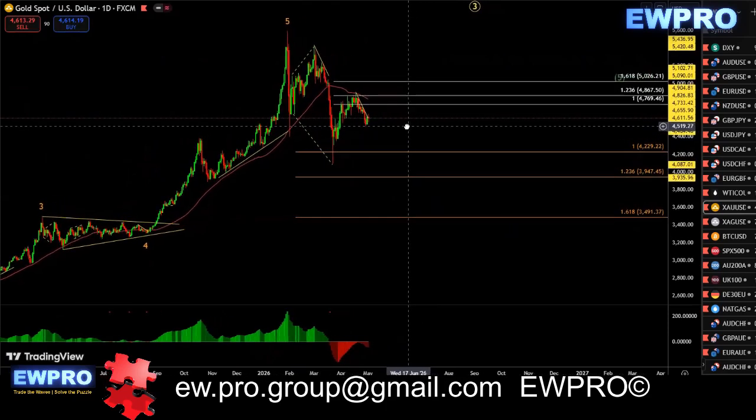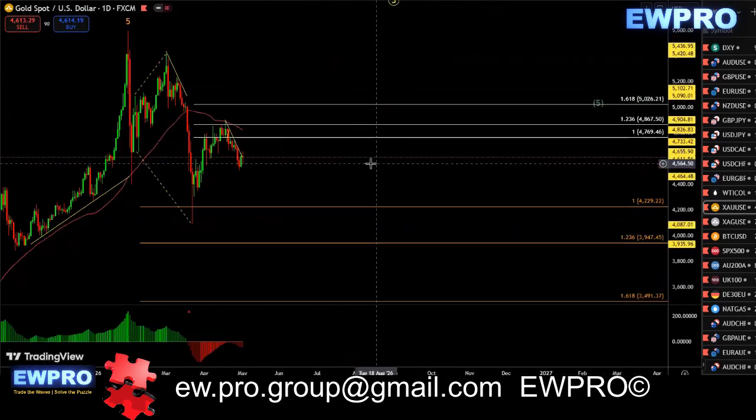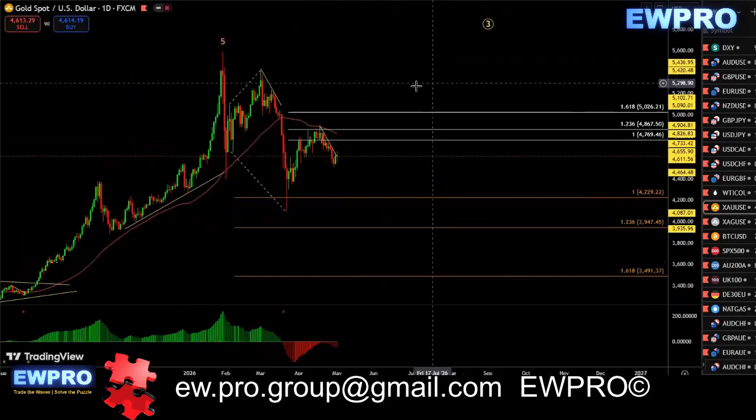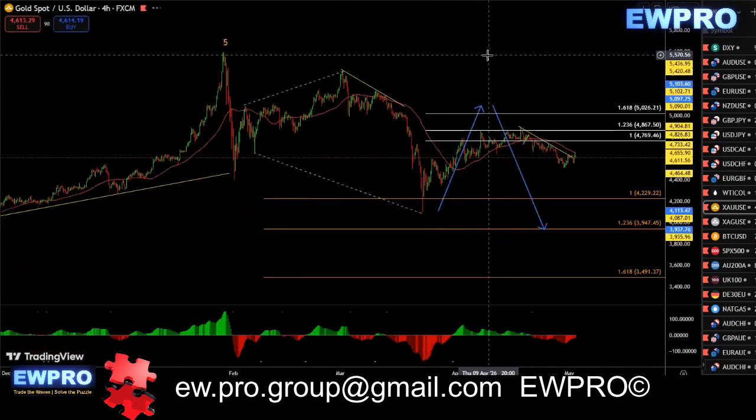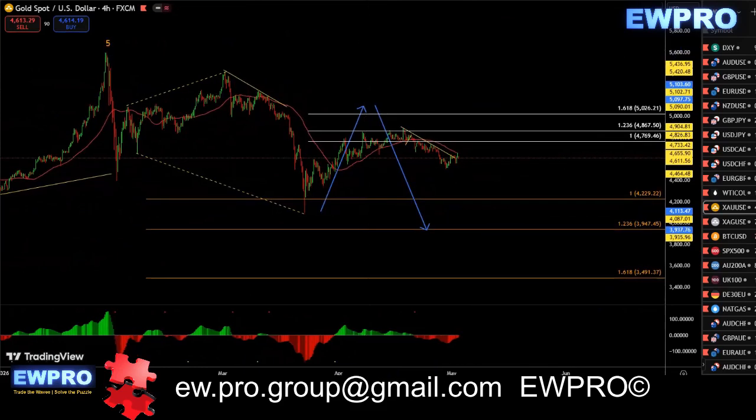Gold, we got the 5 up on the daily. It's really down onto the lower time frames. Looking at this A, B, C, it went up to the 100 fib, and it even got to the 123.6 target.